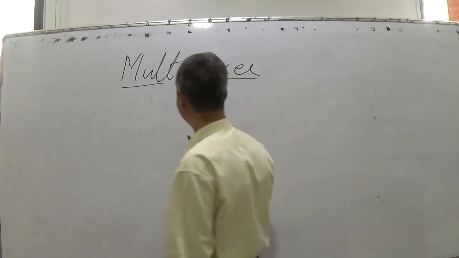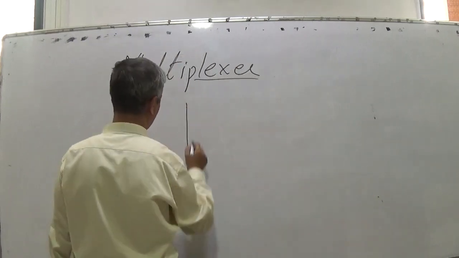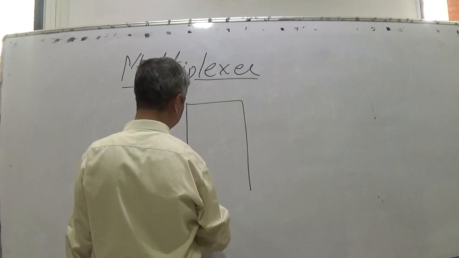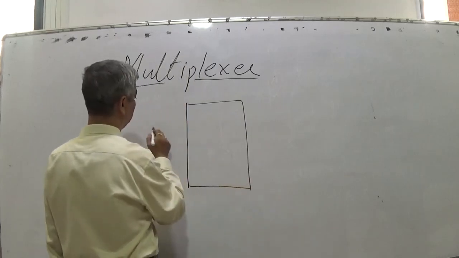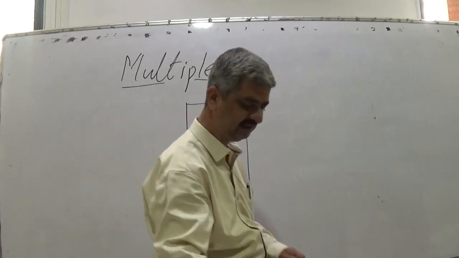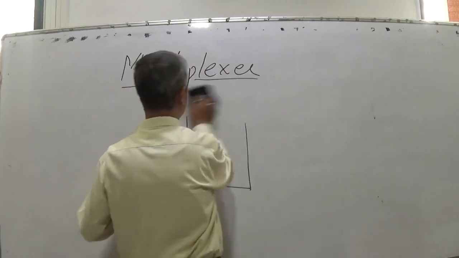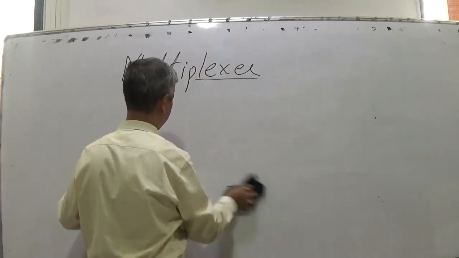So here, in general, a multiplexer consists of more than one input and one output.